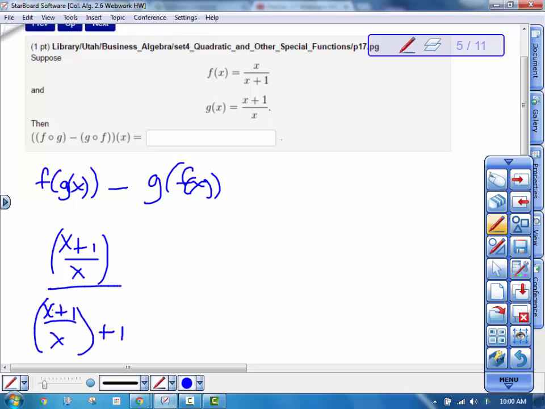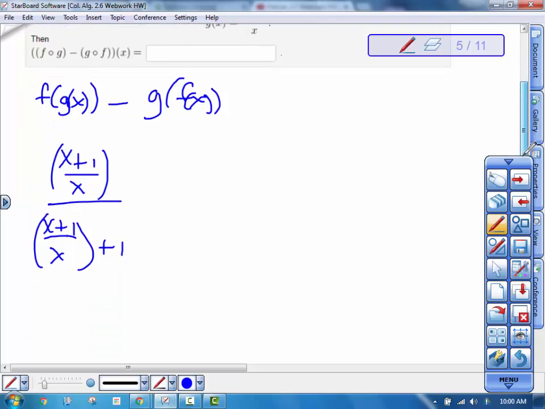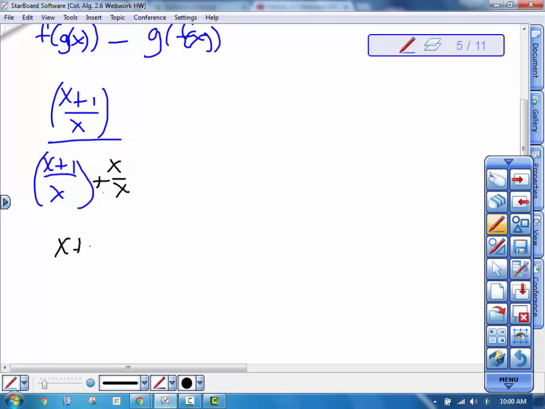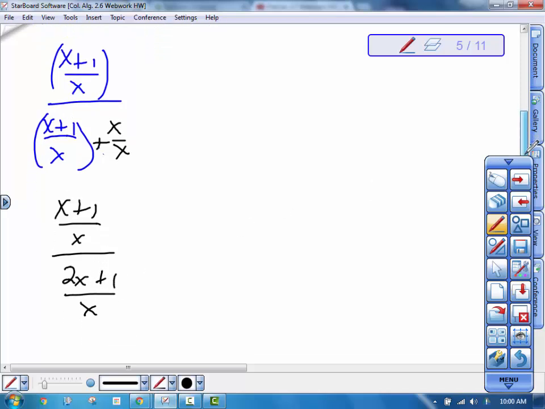So I get this big complicated fraction. I'm just going to simplify this vertically real quick, because I do want to simplify it. So plus 1 is really x over x, right? Multiply top and bottom of 1 by x to get a common denominator here. So this turns into x plus 1 over x divided by 2x plus 1 over x. And once again, dividing by a fraction is the same as multiplying by a reciprocal.